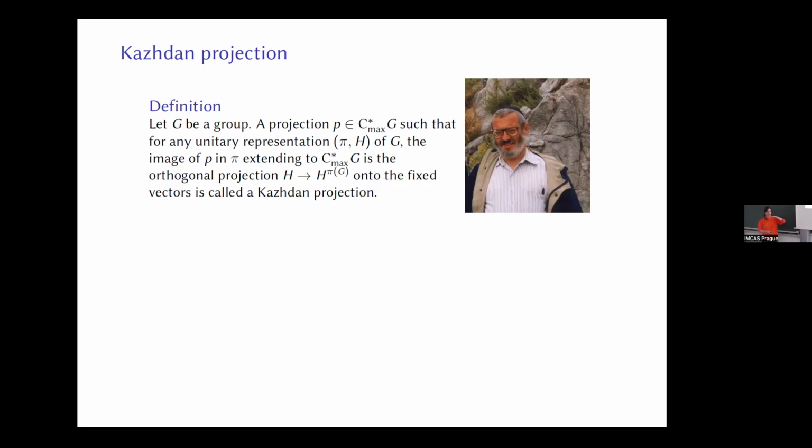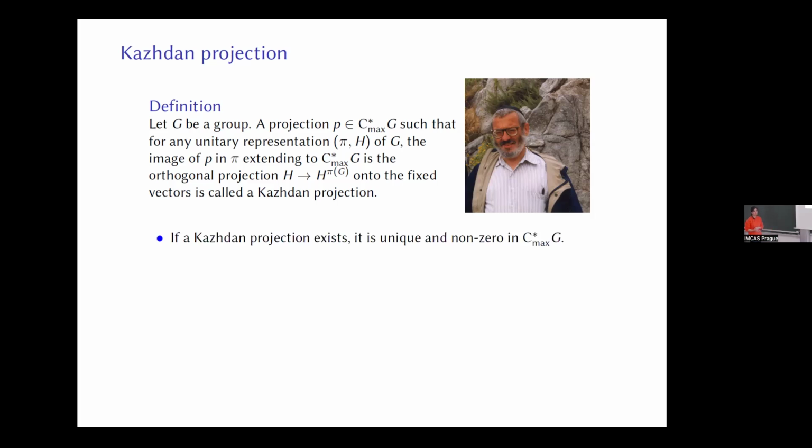So we get a representation from C-star max of G to the bounded operators on H, H being the given unitary representation of G. And now P is a projection. If we look at the image of this projection inside bounded operators on H, it is the orthogonal projection onto the fixed vectors. So such a projection is called a Kazhdan projection. It is a projection inside C-star max whose image as a bounded operator is the one onto the vectors fixed by the group action.